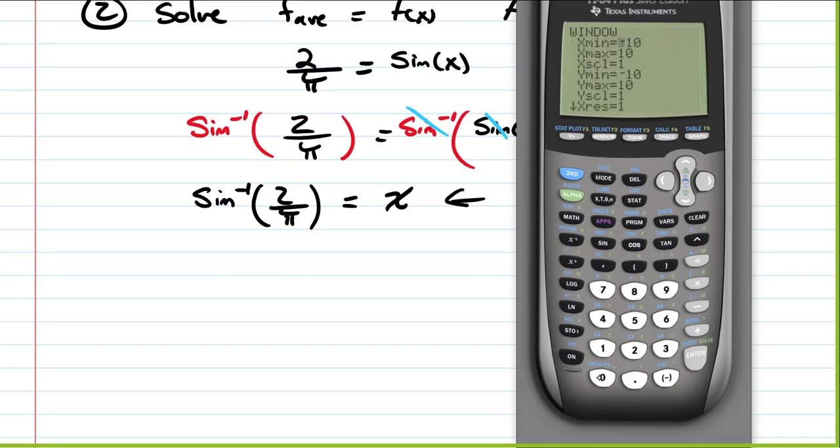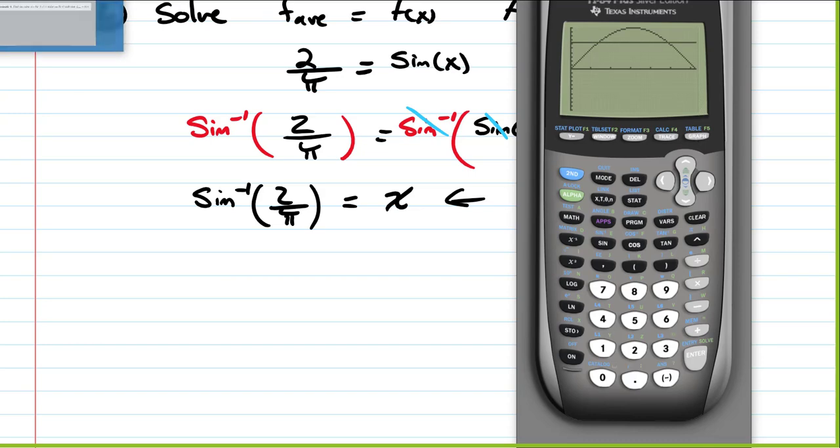Let's make our x min 0, and we went to pi, so let's make our x max pi. Let's scale our x-axis in point 5s. Let's make our y min equal to -1, our y max 1. Let's do our y scale as 0.1. So we get that, and we get this.